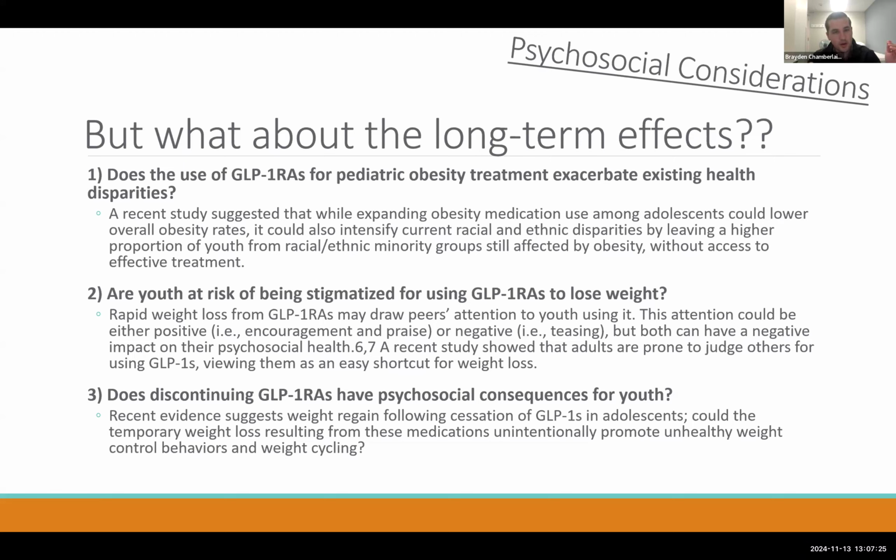So you could see a big disparity there where the more affluent group is able to become less obese, but the other groups remain just as obese as they were before.